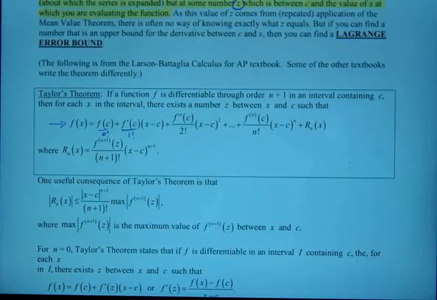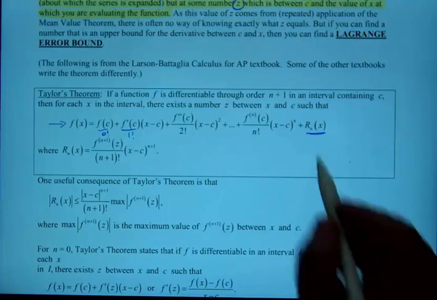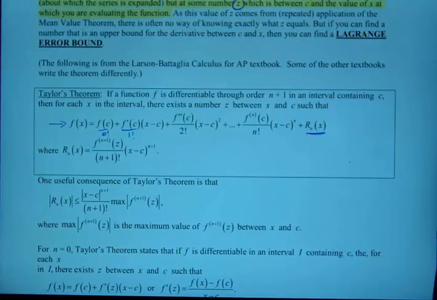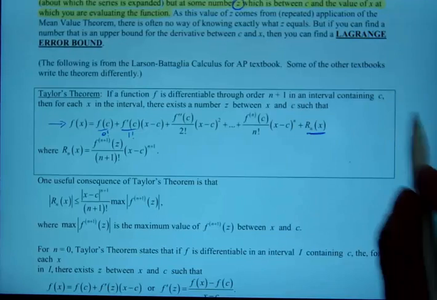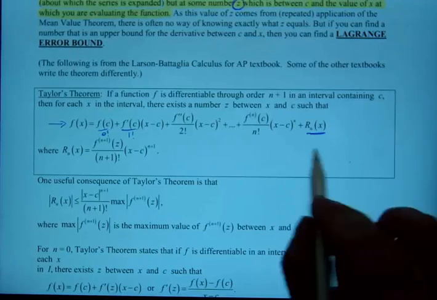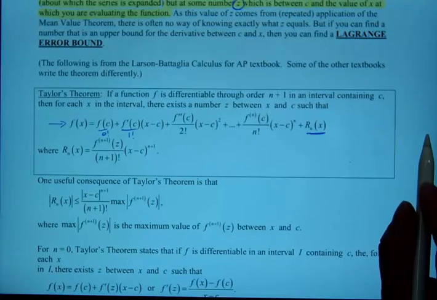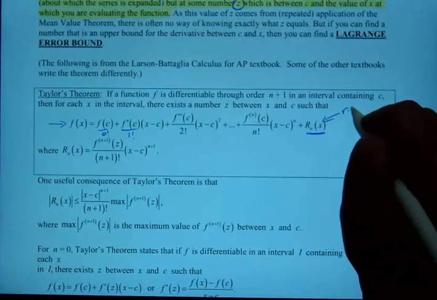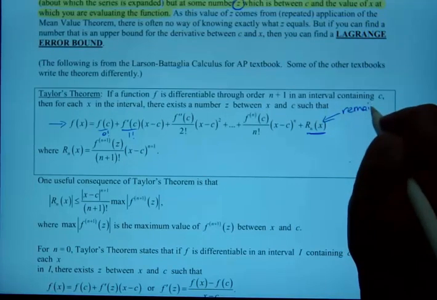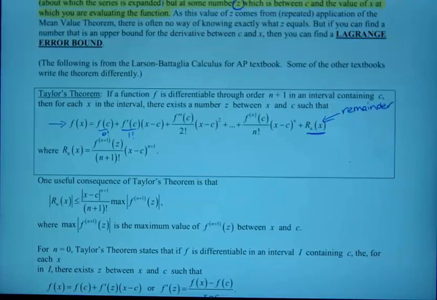But other than that, that's just a Taylor series, right? Okay. But then they put on this Rn of x. That's the tail. So that's basically saying everything else. Instead of writing plus dot dot dot plus the nth term, they're just lumping it all together and calling it R. This is the remainder. That's what's left over that I didn't add together.